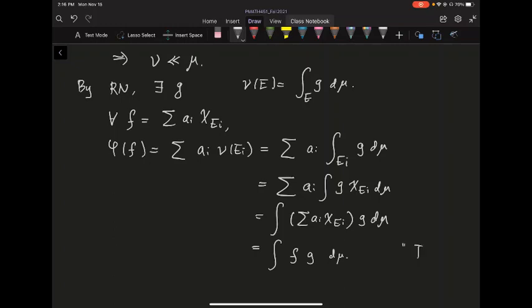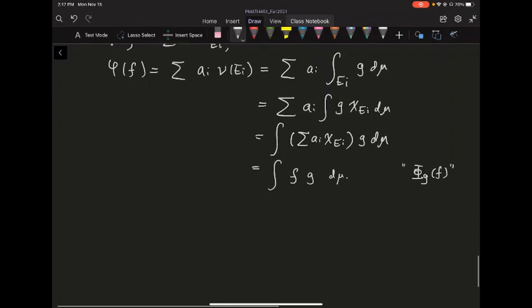It looks like phi_g of f. Well, we still need to check a few things. First of all, I need to check this can be extended to any measurable function f in the L^p space. And second, I actually haven't shown this g is inside L^q, so I have two things left to check.